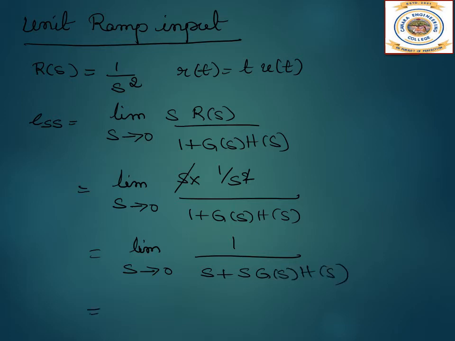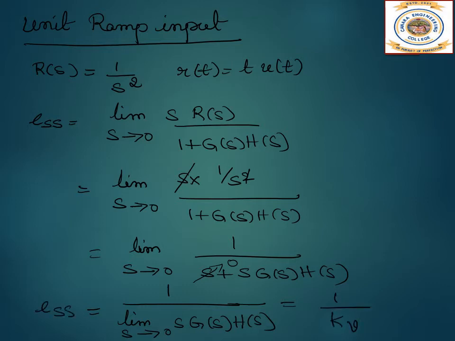So when we apply the limits, this will become 0. So what will remain? I can write it as 1 divided by limit S tends to 0 S into G of S into H of S. So I can write this as 1 by KV.